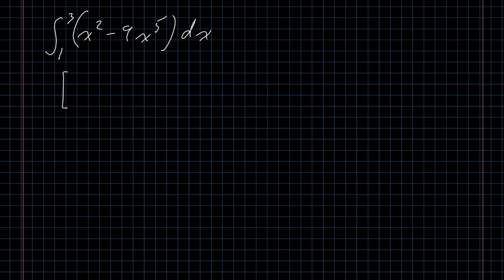So, we need to find any one antiderivative here. Using the integration rules, the power rule and linearity, an antiderivative for x squared is 1/3 x cubed. An antiderivative for x to the fifth is 1/6 x to the sixth. Then we multiply by 9.